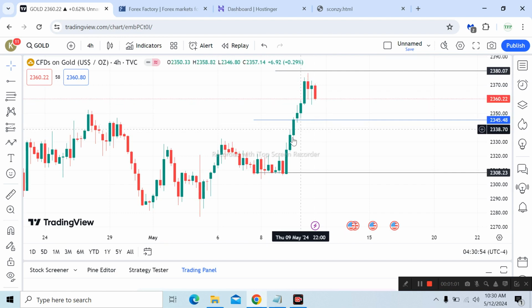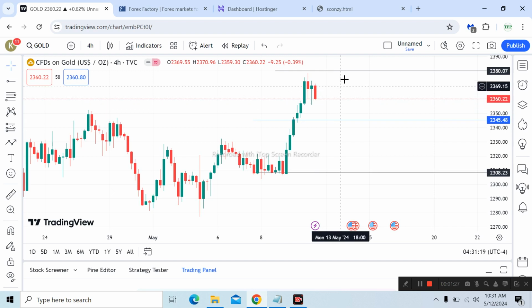On this 4 hour time frame I can spot a fair value gap here. One, two, three candles, the gap between this candle and this candle. In the middle spot here, I'm expecting price to trade into that, and then retrace up to the upside.